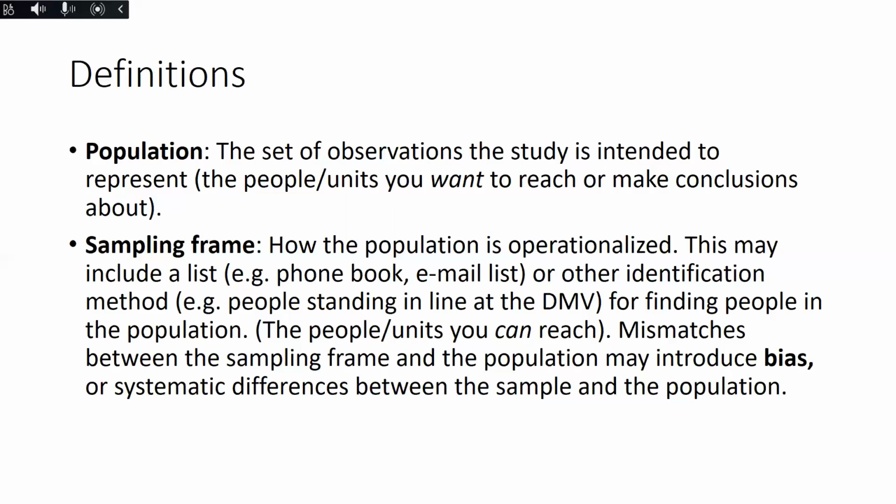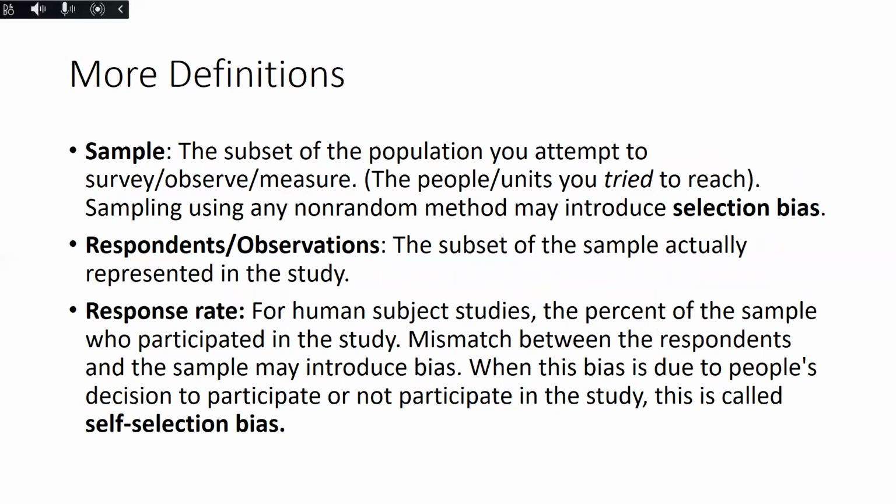So that can introduce some really serious systematic bias and make it so that we're not actually representing the whole population that we're trying to make claims about. So we want to watch out for systematic differences between the sample and the population, by being careful about the sampling frame.